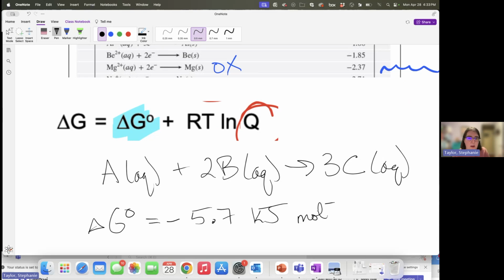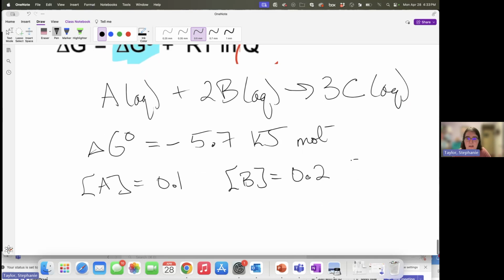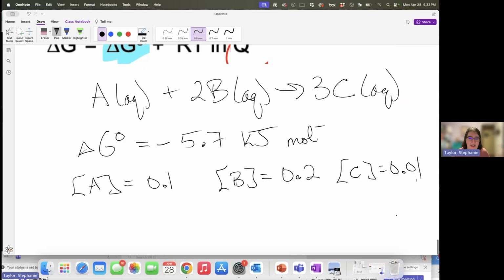That is given in the problem. We're also told that at a particular time, the concentration of A is equal to 0.1, the concentration of B is equal to 0.2, and the concentration of C is 0.01, because it needs to be different.